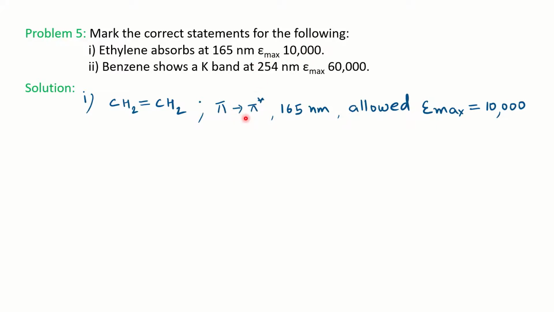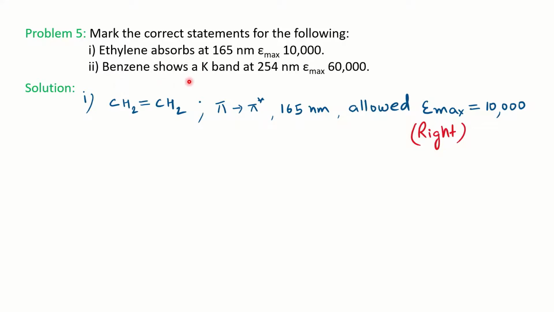That is the pi to pi star transition, which you see at 165 nanometer. So we can say the statement is right. The other possibility is sigma to sigma star, but that absorbs at a lower lambda value.